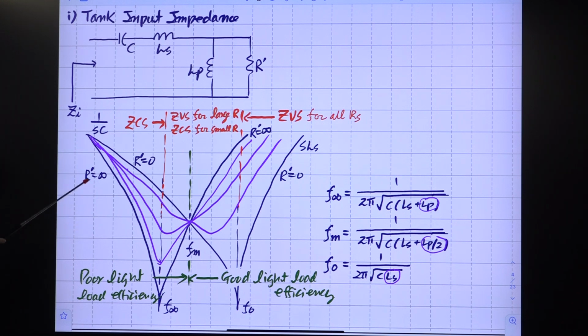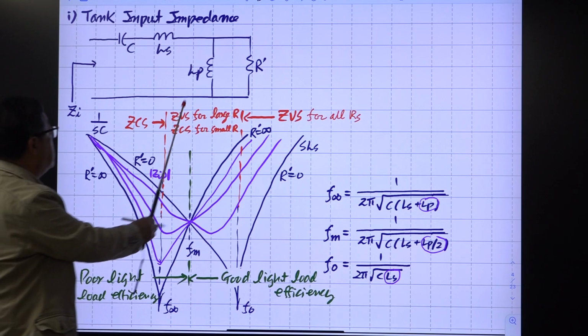So we have R prime is infinity, and this impedance was defined as GI infinity previously. And this one with R prime equals 0 or R equals 0, they are the same thing, was GI 0 in the previous notation, right? With this shorted.